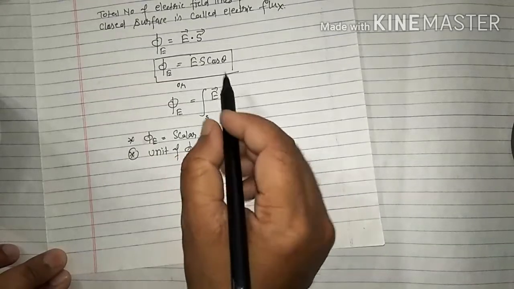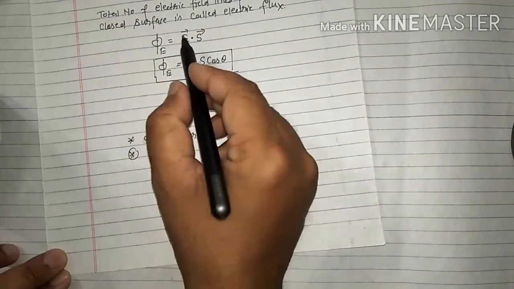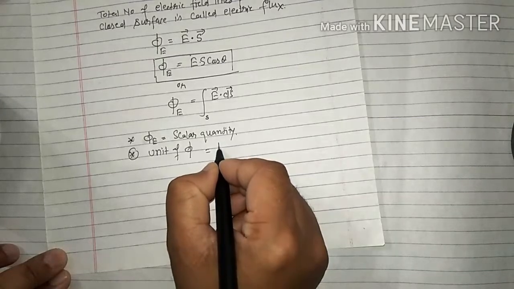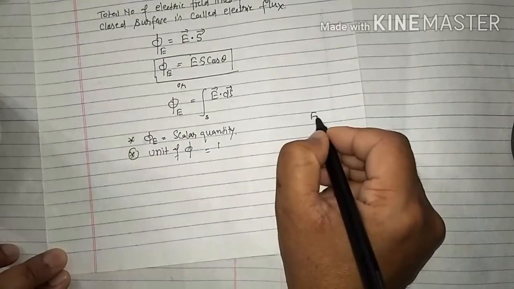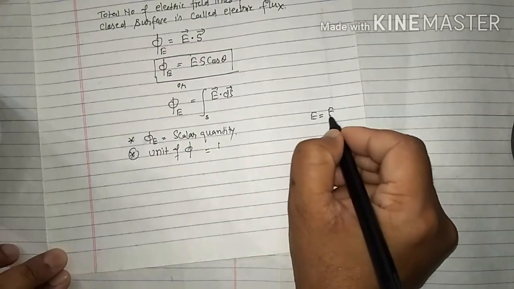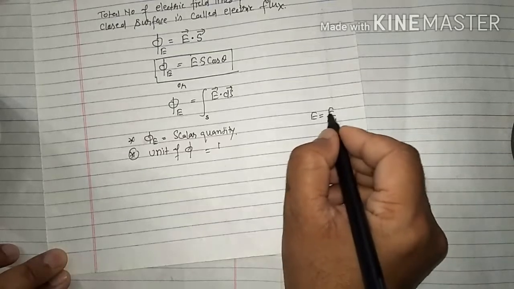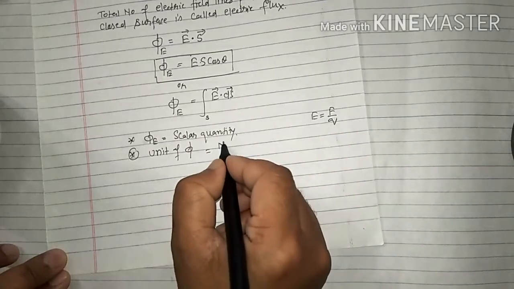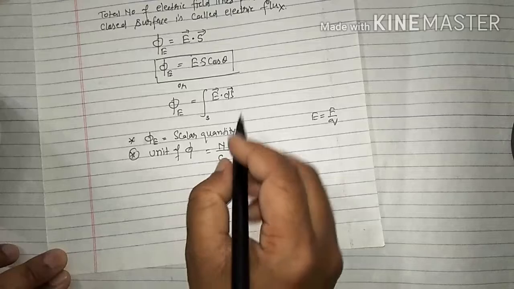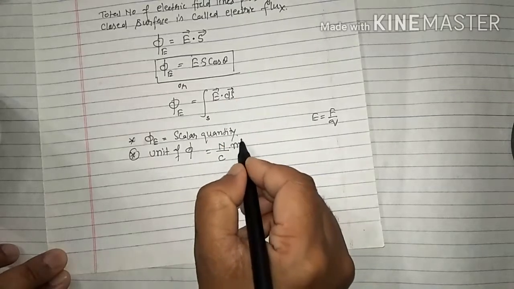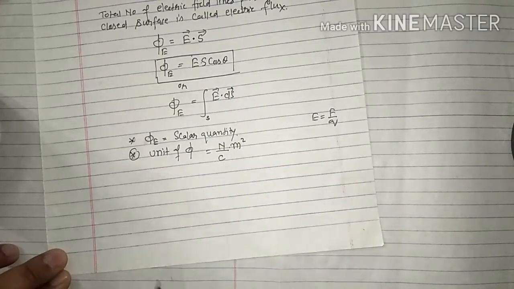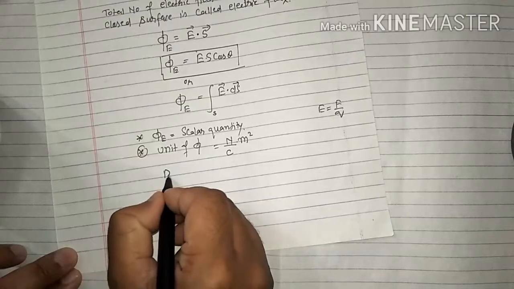Electric field multiplied by area. So the unit of electric field, since E is equal to F by Q, F has unit Newton, charge has Coulomb, and area has meter square. So Newton meter square per coulomb will be the unit.